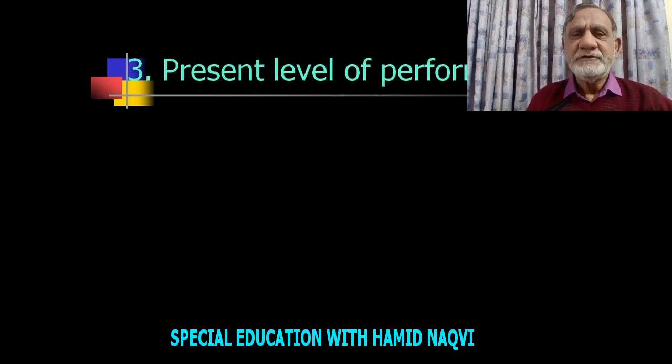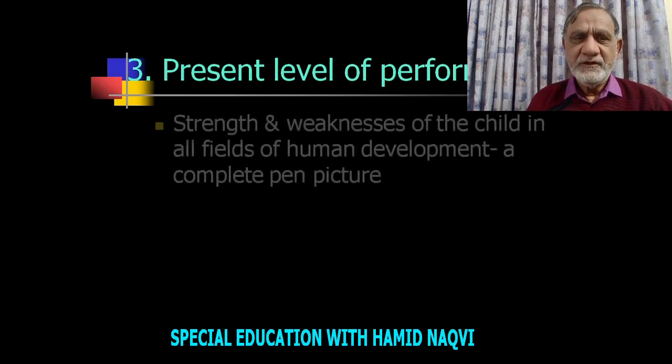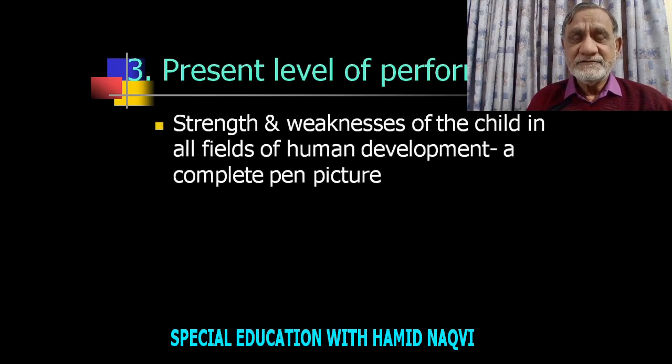Now, the third important segment of IEP is the present level of performance. People confuse this, especially the young potential teachers who are getting into the field newly. All the strengths and weaknesses of the child are meant to be mentioned here. It is almost a sort of pen picture, a complete pen picture.